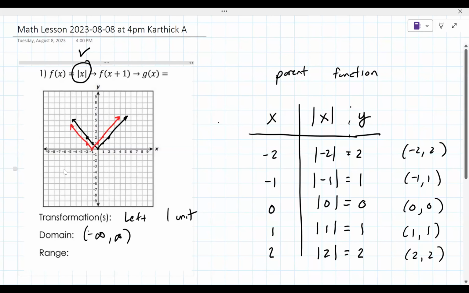Okay, and then the range is the y value. So the smallest y value is 0 all the way up to, well, how far does this go? The red one, it goes up forever. So 0 to infinity. Infinity is a parenthesis, but 0 is just a bracket there.